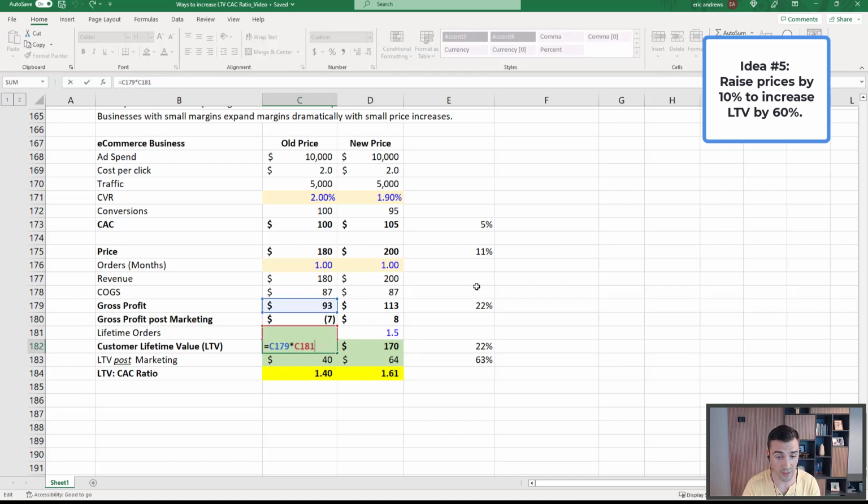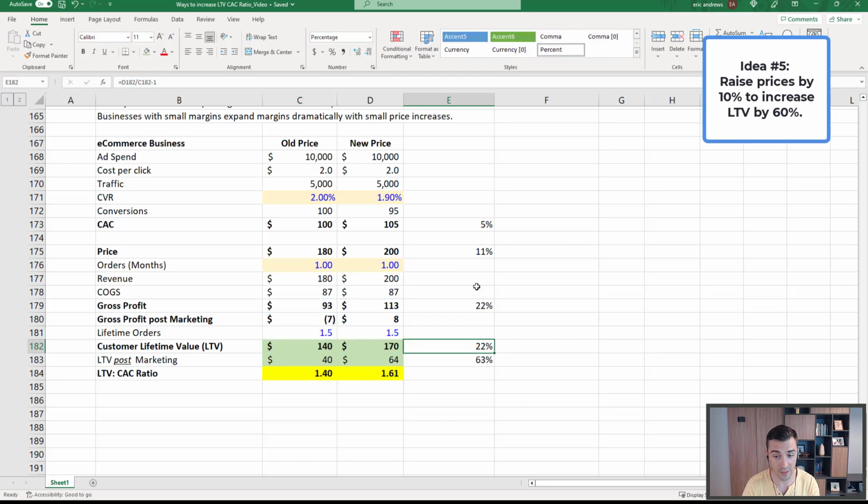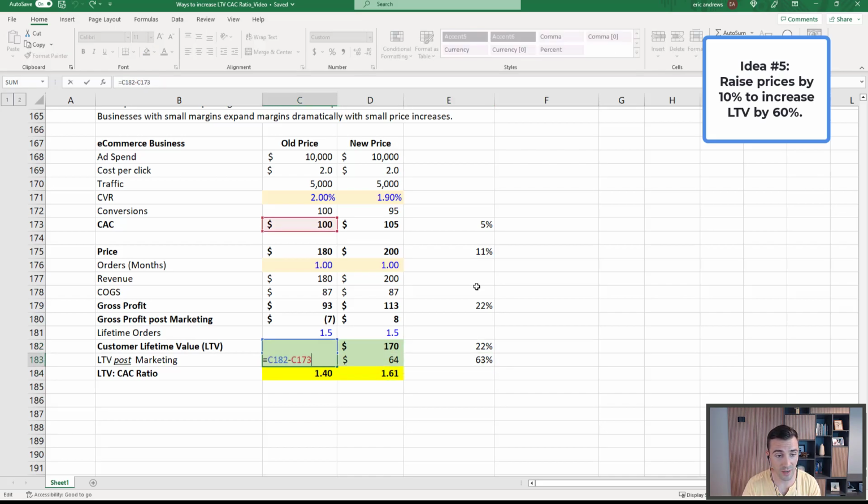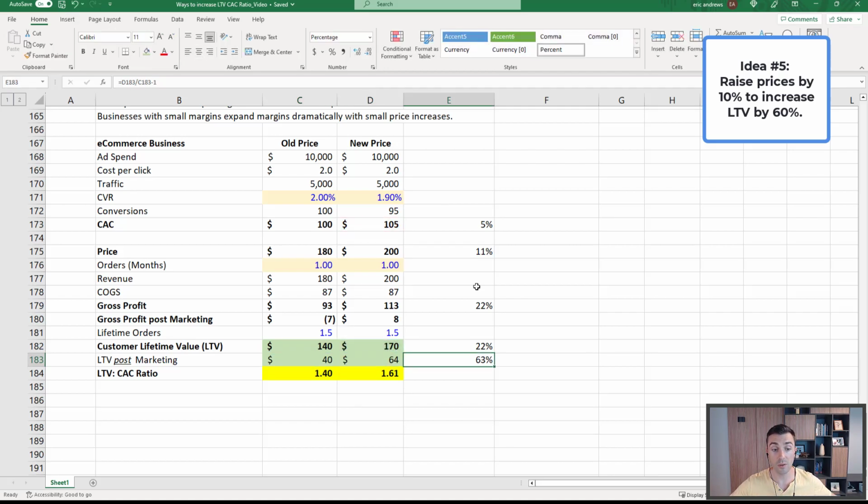So the customer lifetime value is 140 versus 170. So you just increased your LTV by 22%. But if you look at the customer lifetime value minus the marketing, it's 40. And then this one, it's 64. So your LTV post-marketing, that's really the profit that you derive from your relationship with each customer, actually increased by 63% from a 10% price increase.